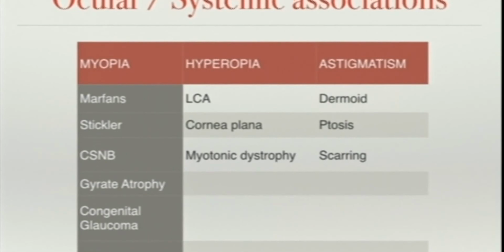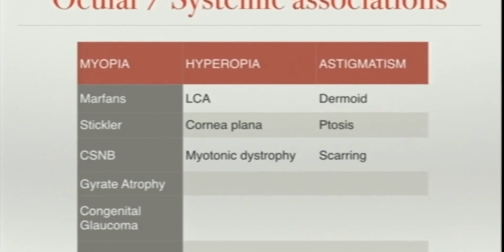There are other diseases which are associated with myopia and hyperopia also. You can see a lot of syndromes here, namely Marfan, Stickler's, night blindness, gyrate atrophy, congenital glaucoma, ROP, all associated with myopia. On the other hand, Leber's congenital amaurosis, cornea plana, myotonic dystrophy are associated with hyperopia, and certain conditions like limbal dermoid, ptosis.